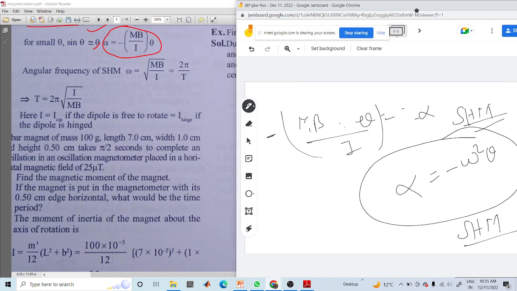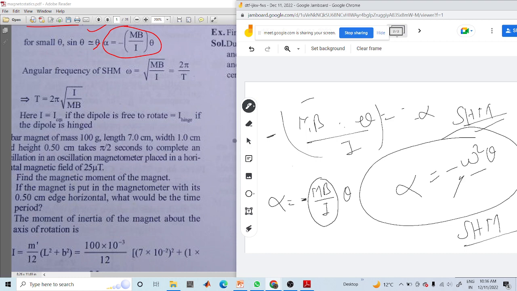You know this thing. So the same thing is here, just see what we got. Alpha is equal to minus MB upon I theta. If we compare, then this will become omega square.